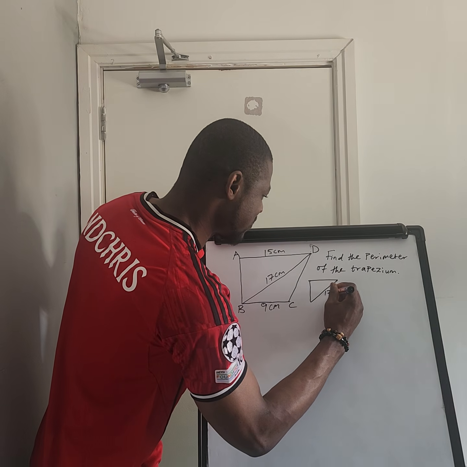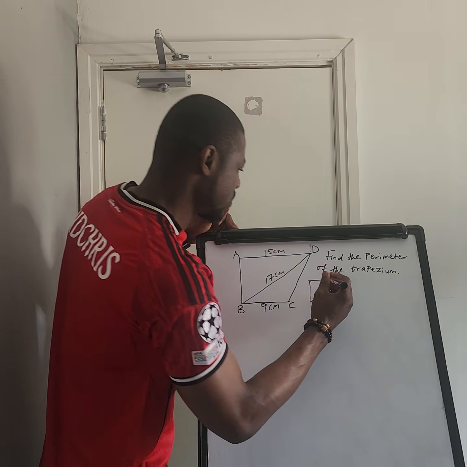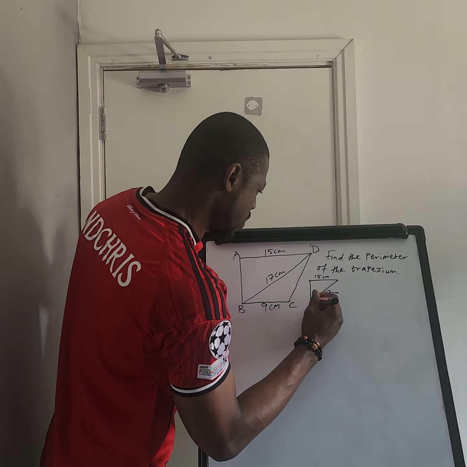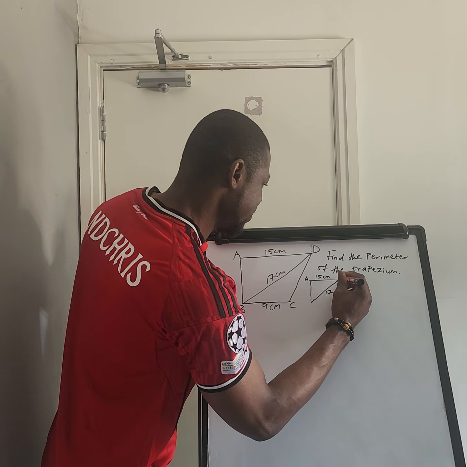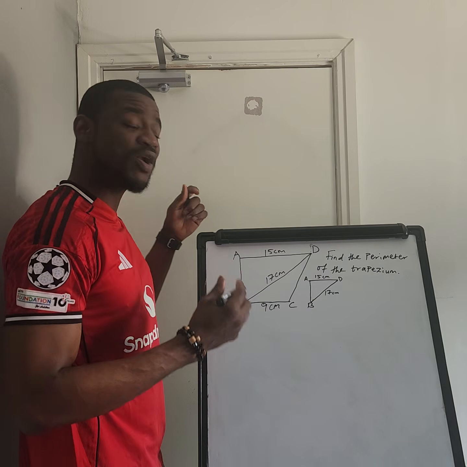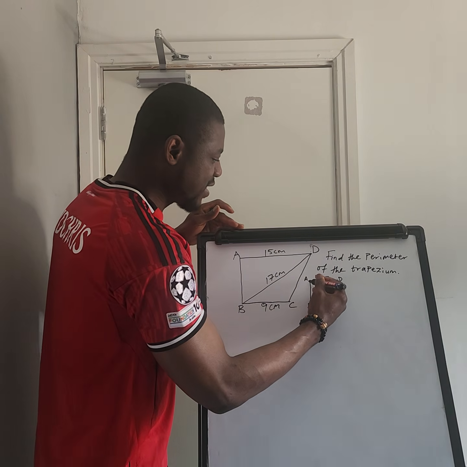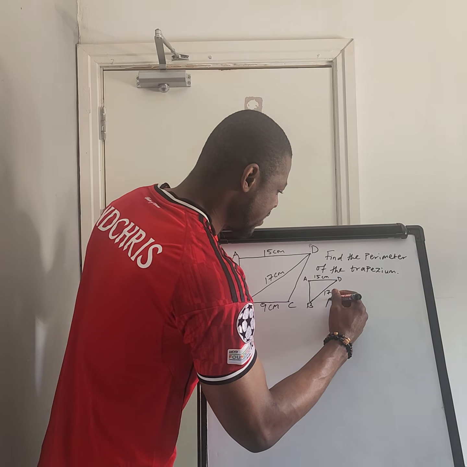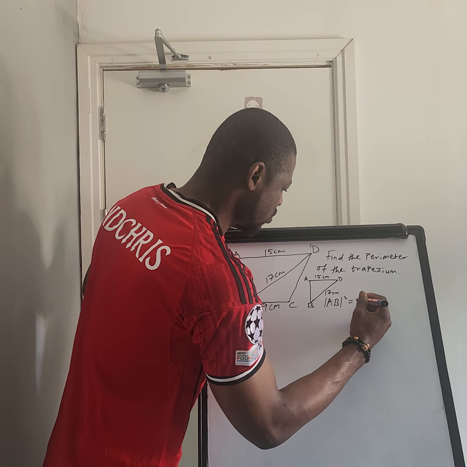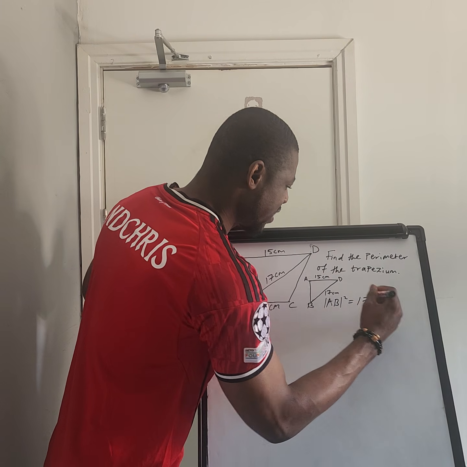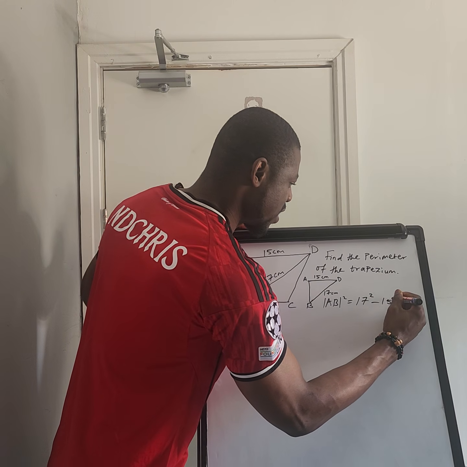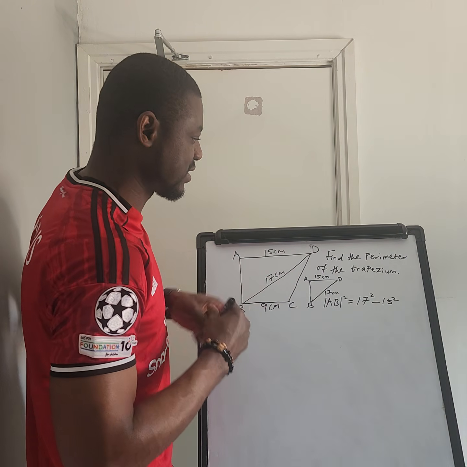So if here is 17, this is your hypotenuse, and then this is 15. So this is my ADB. Using Pythagoras theorem, to find this side, we just say AB squared equals the square of the hypotenuse, which is 17, minus the square of the adjacent.